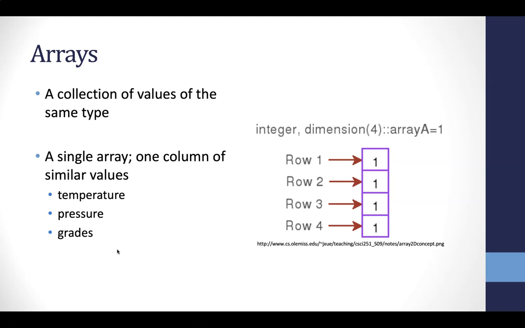And so a 1D, a single dimensional array, is one column or one row of similar values, such as temperature, pressure, or grades. And so we have a representation here. So we can think of one column. So here, this purple box is our column.